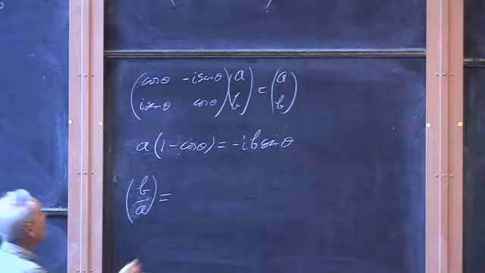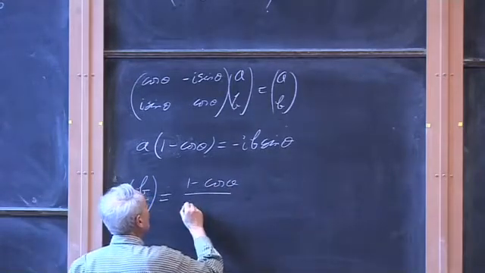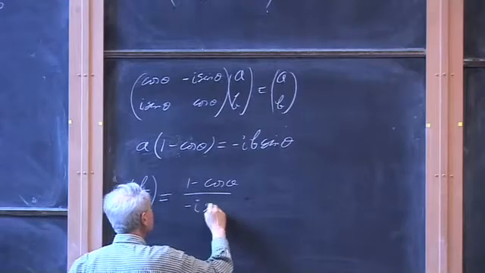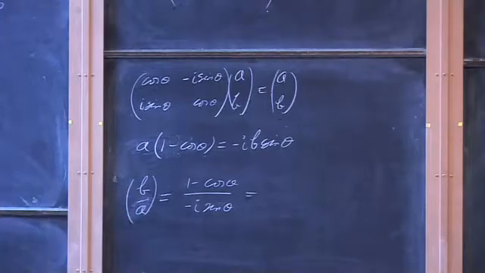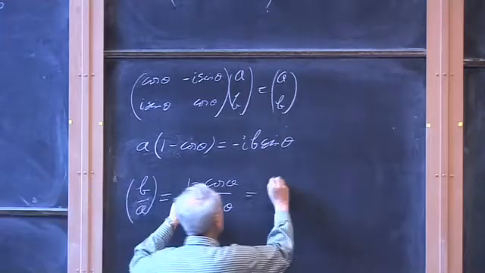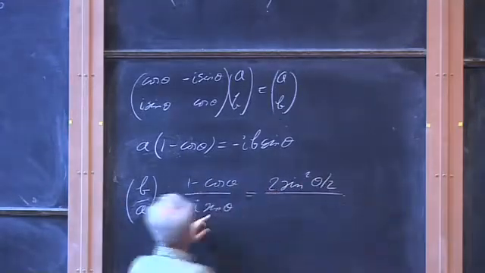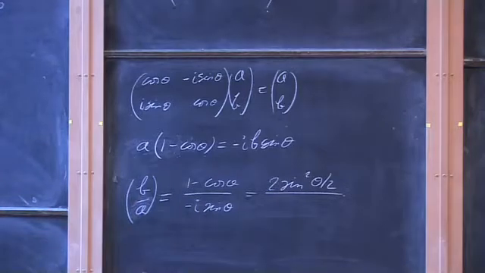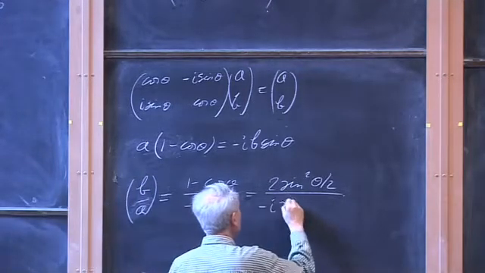B over A is equal to 1 minus cos theta over minus I sine theta. And we can clean this up a bit if we use some half-angle formulae, because this on the top is twice the sine squared of theta over 2. Sine theta is twice sine theta upon 2 cos theta upon 2.